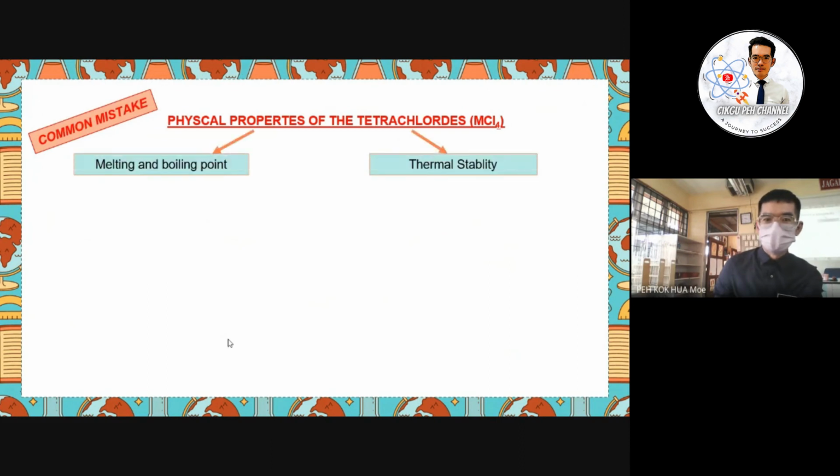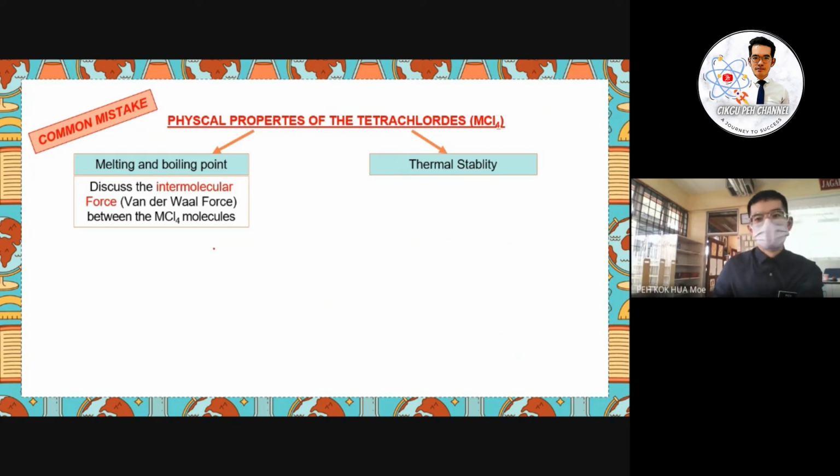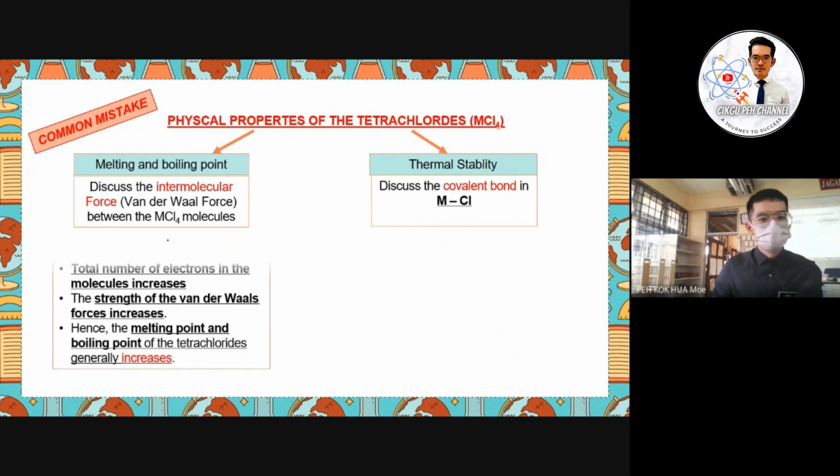So here I summarize, when we discuss melting point, we discuss about the intermolecular force for the tetrachloride group. When we discuss the thermal stability for the tetrachloride group, we discuss the covalent bond. So when we discuss melting point, they will increase, because the size of the group 14 increases, causing the van der Waals forces to increase.